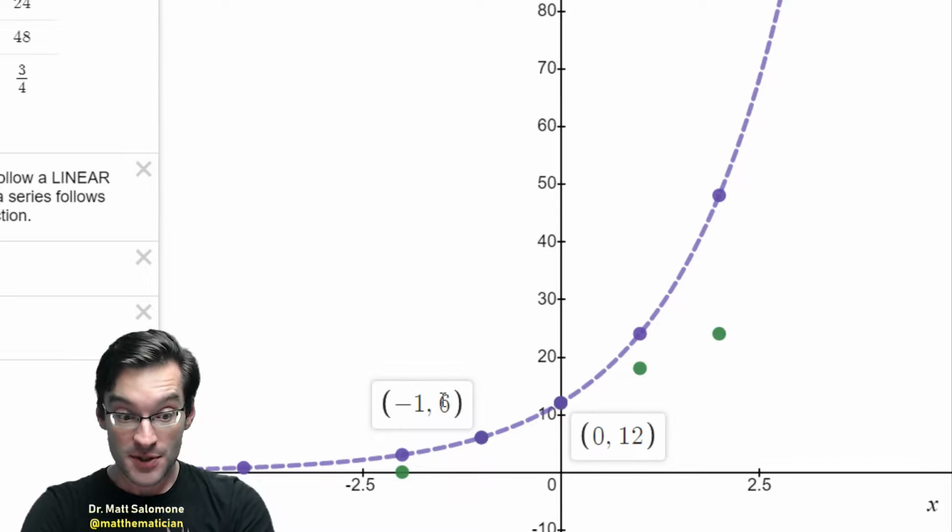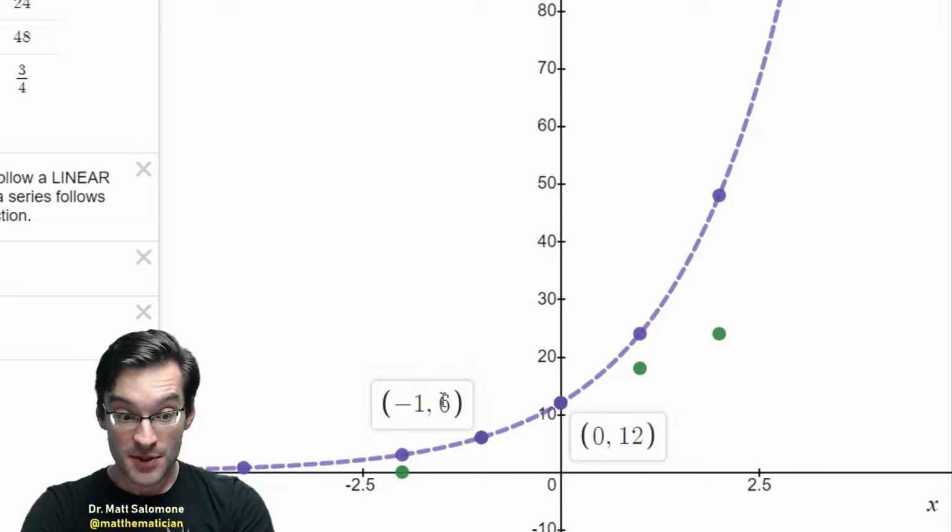And then increase x by 1 more time, from 1 to 2. The value of y increases from 24 to 24 times 2, or 48. So that's the reason why the base of this exponential expression is called 2, is that every time x increases by 1, y is multiplied by a factor of 2.